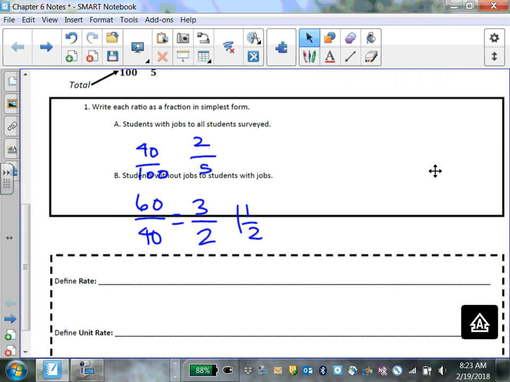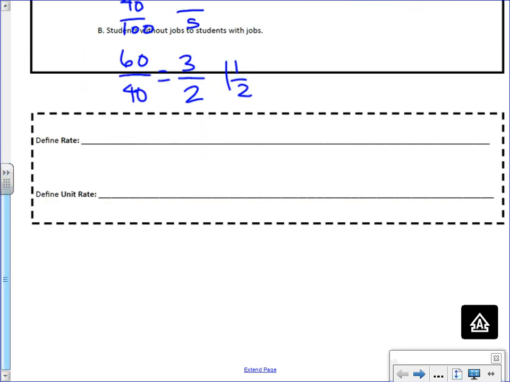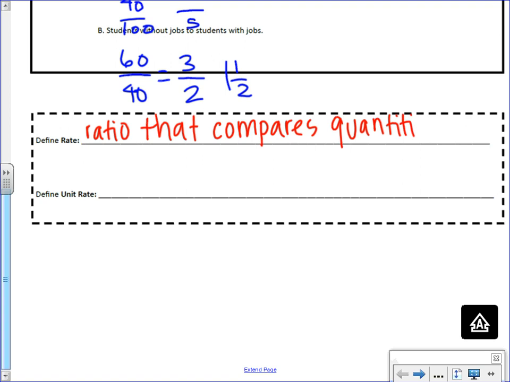So let's define these real fast. So rate, it's still going to work with ratios. I'm going to read it, and you guys can write it. A rate is a ratio that compares quantities in different units.